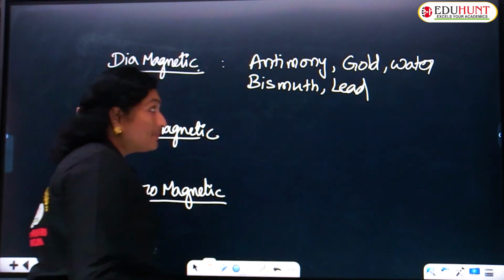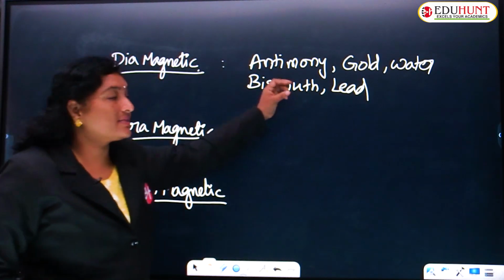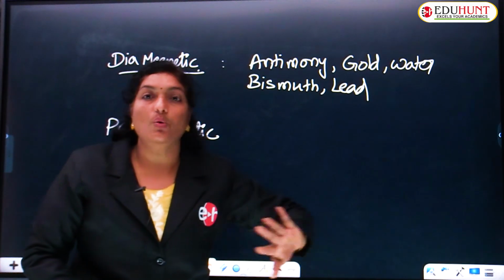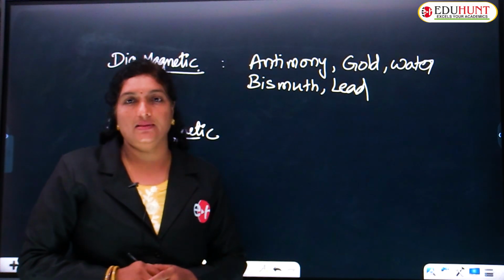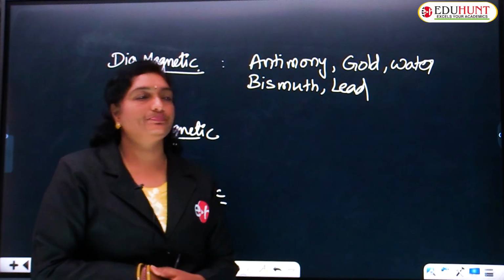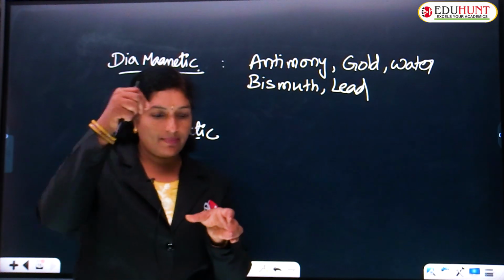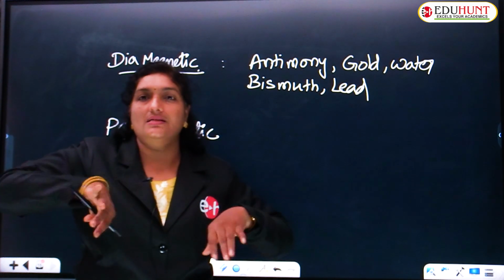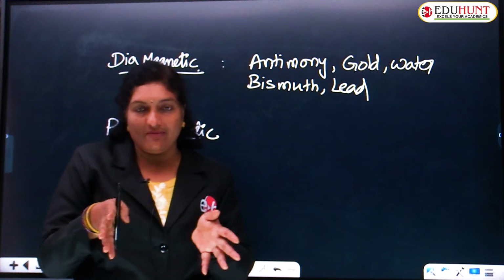These are the substances that, whenever a bar magnet is taken near them, move away from the magnet. That means they are repelled by the given bar magnet. Water also, if you take a bar magnet near the water, the water molecules get separated from each other. They move away from each other.